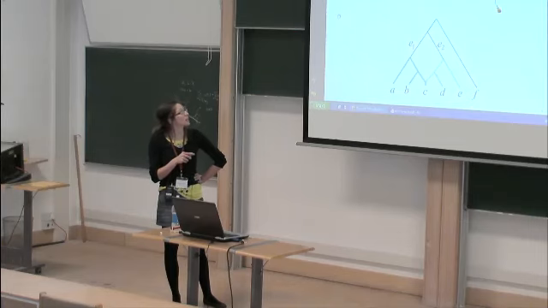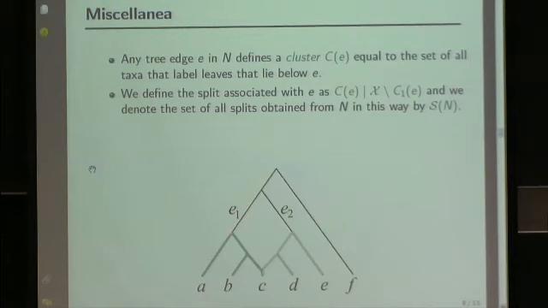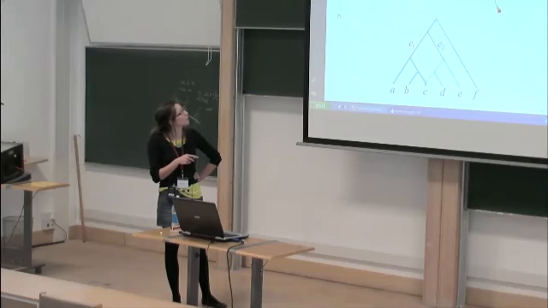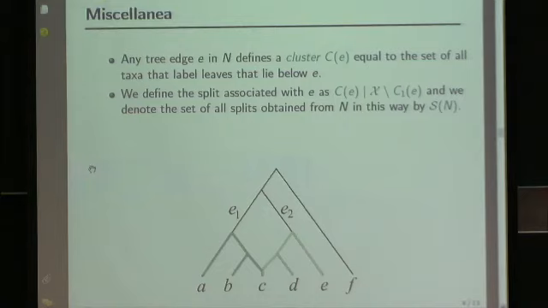It says that we take an edge, then we take the target node of the edge, and all the taxa we can reach below this node form our cluster. So it's really easy. This is the way I'm going to consider clusters in this algorithm, and then we can get a split associated with this cluster, taking the cluster versus what is not in the cluster.